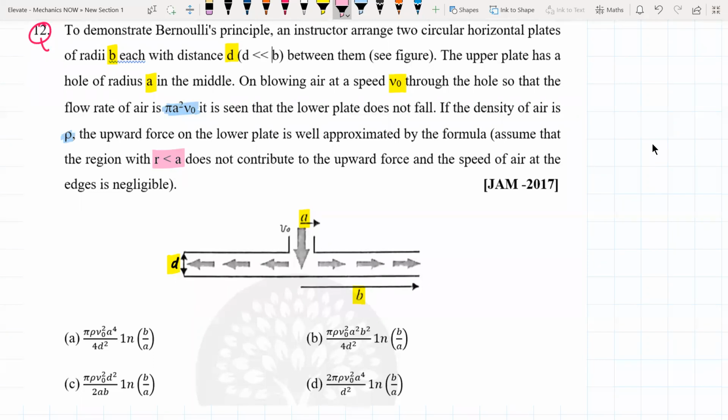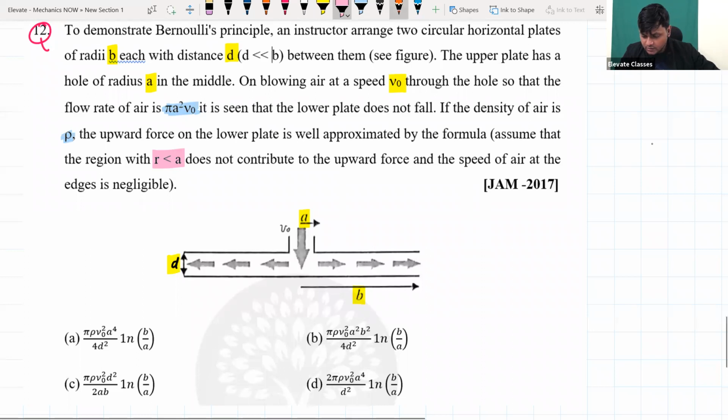Okay. So imagine that there are two plates like this.